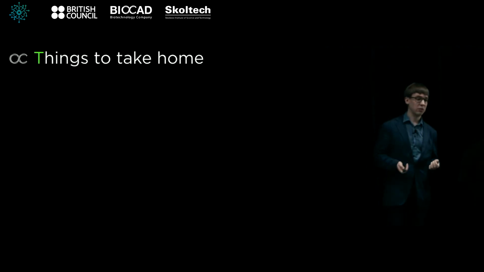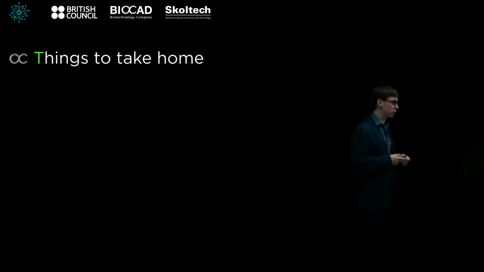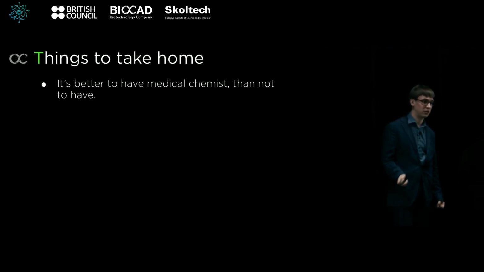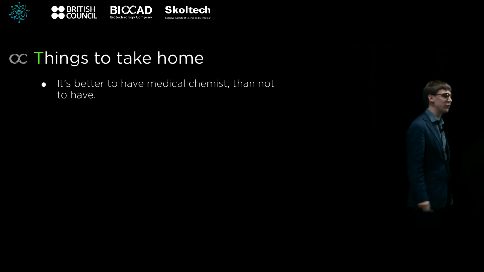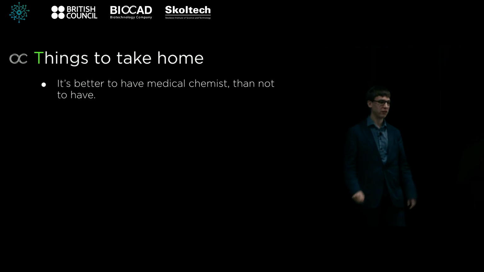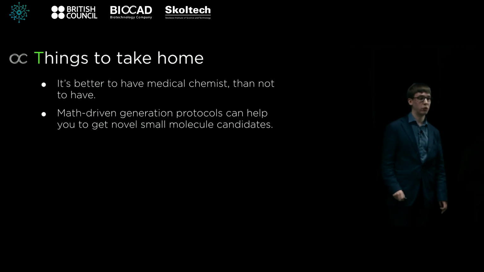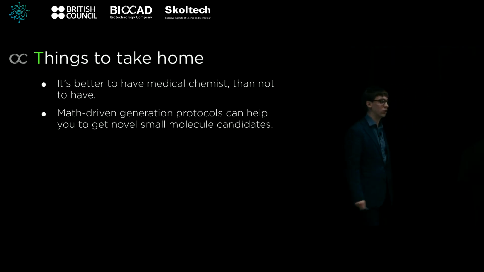Okay, so some things to take home from this talk. First of all, of course, it's better to have medicinal chemists than not to have them, but if you do not have one, use math a lot, because there are lots of great mathematical methods from adjacent areas that you can use in drug discovery.